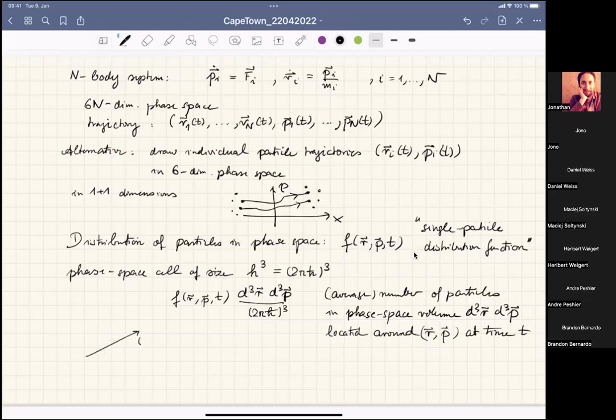Suppose this is the r and p vector in phase space, and then you draw a little infinitesimal volume around this of size d3r d3p, then this quantity is just the average number of particles located in this little volume.